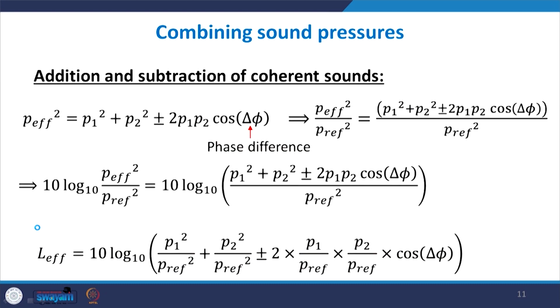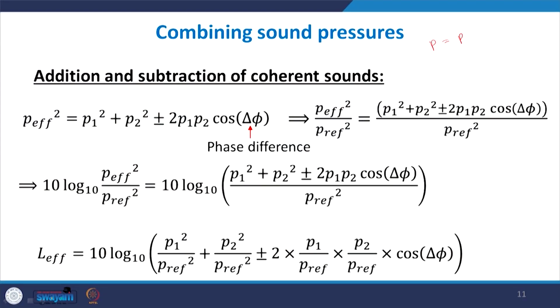But what if they are coherent, coming from the same source? Then we know that P is simply a vector summation of P1 plus minus P2. Suppose one pressure is given as this particular vector P1 and the other pressure has some phase difference phi and is P2.